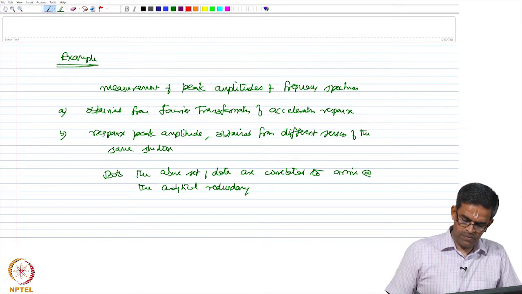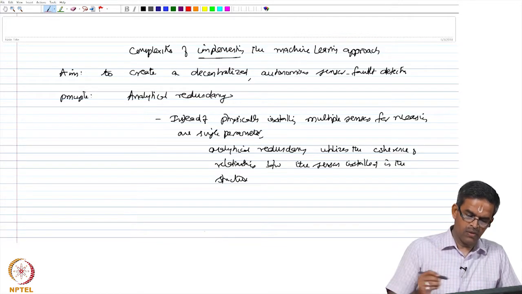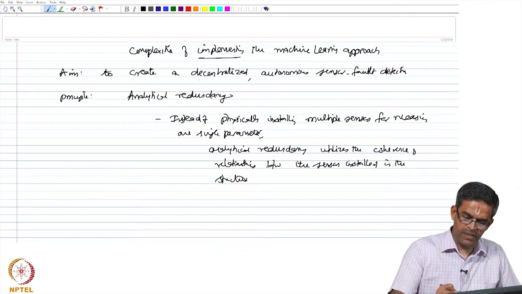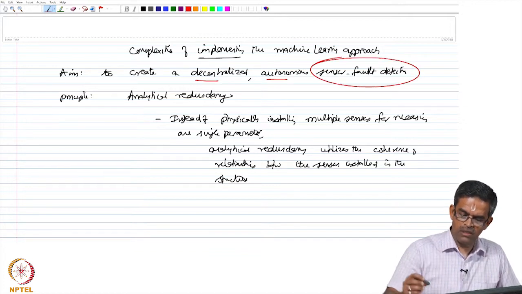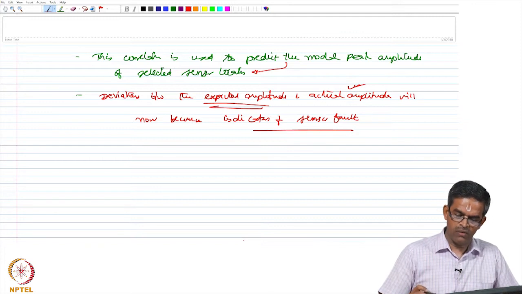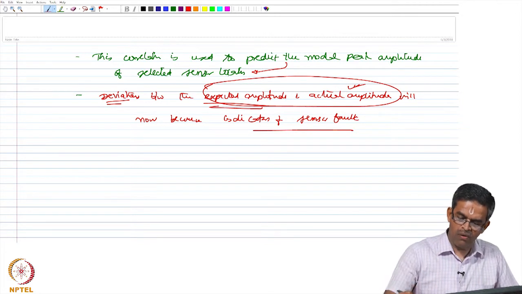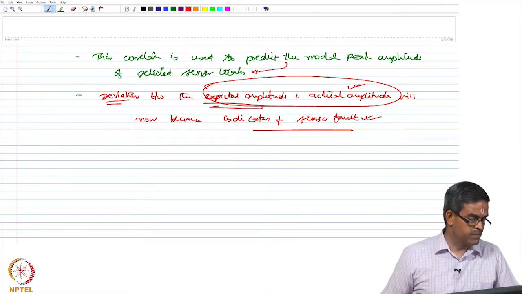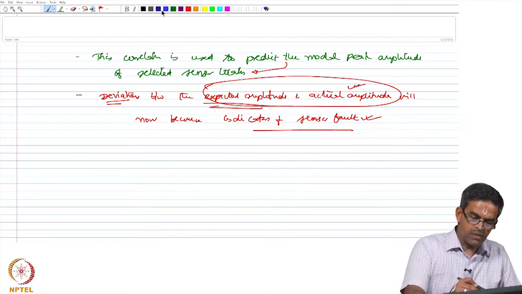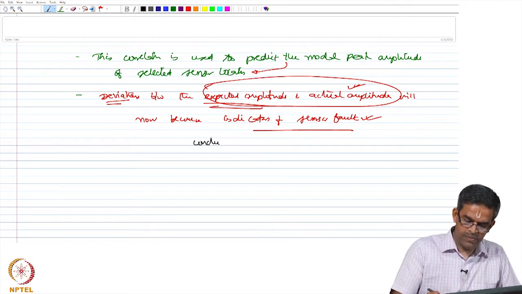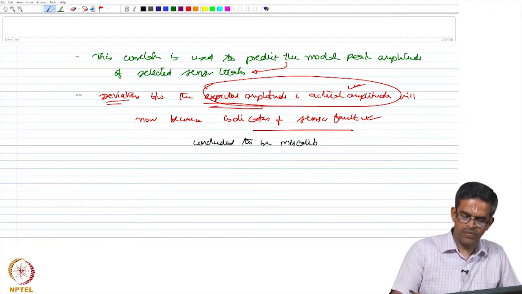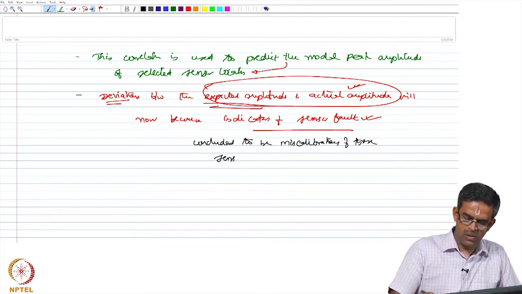If you look back, the objective was to prepare a decentralized autonomous central fault detection. So, one can easily find out by looking at the deviations between these two data, the sensor fault detections can be easily indicated, and this can be concluded to be miscalibrations of those sensor locations which are chosen.